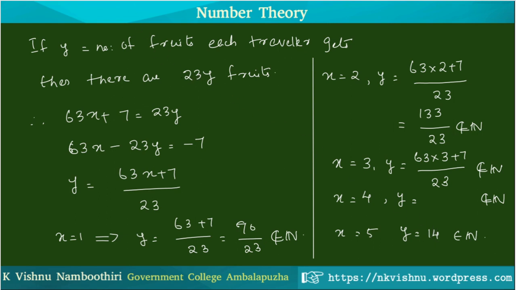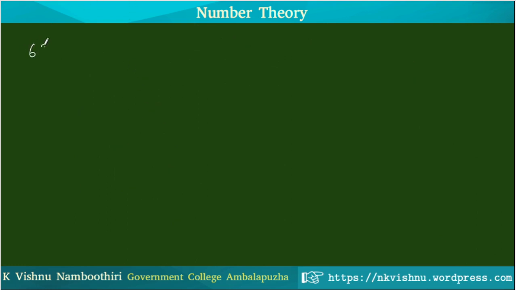Okay, let us see whether this is correct or not, because we can just try 63x plus 7 equal to 23y, let us see if it's satisfied or not. So 63 into 5 plus 7 is 315 plus 7, that is 322.